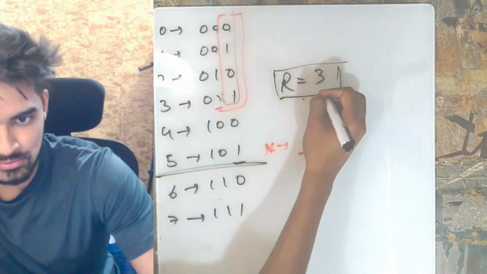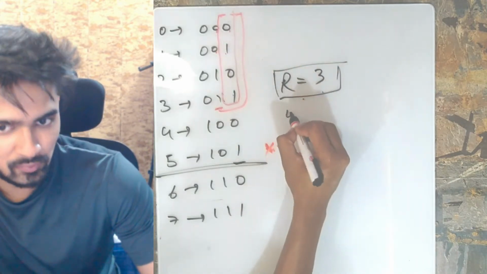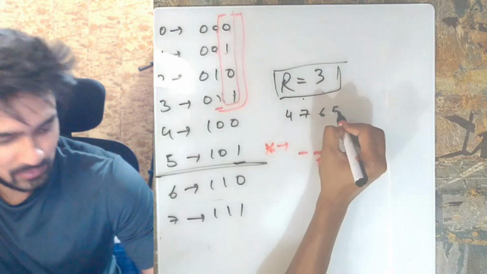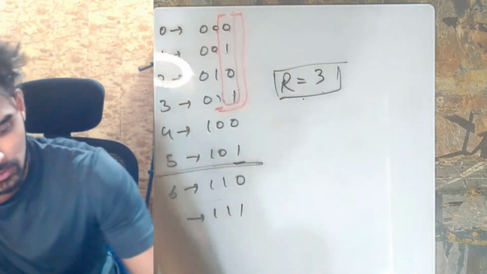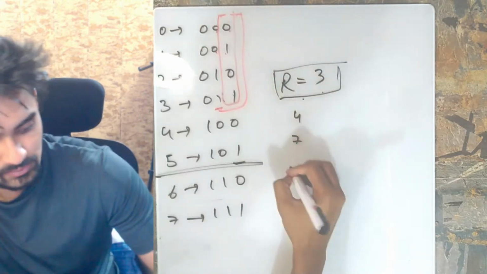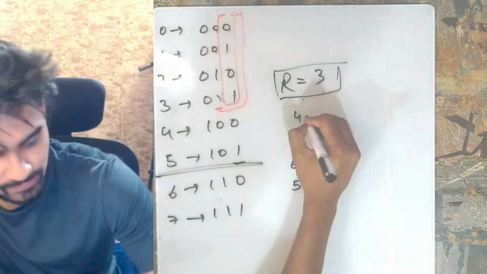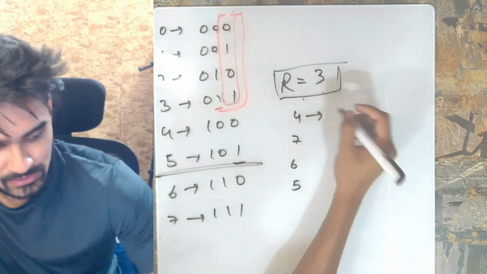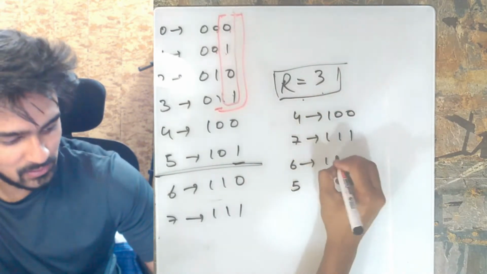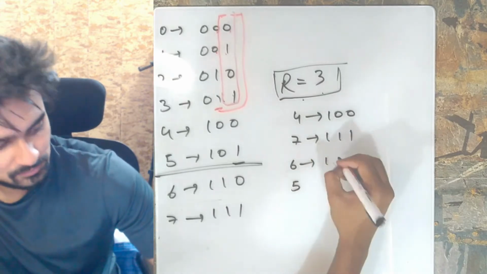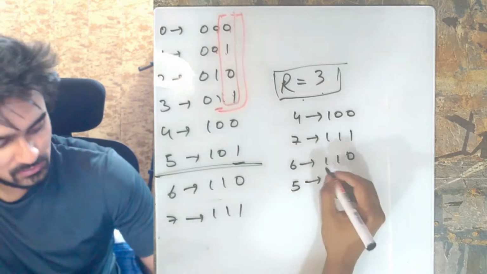Let's say R is equal to 3 and the array you were given was 4, 7, 6 and 5. The binary representation of 4 is 100. 7 is 111. 6 is 110. And 5 is 101.